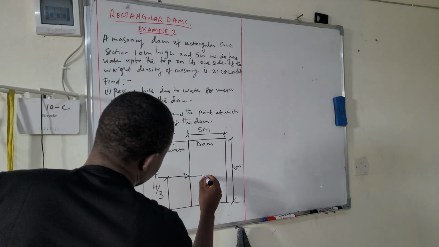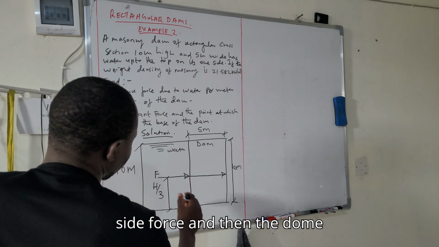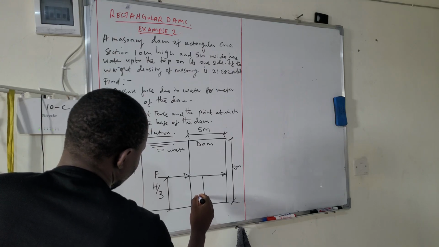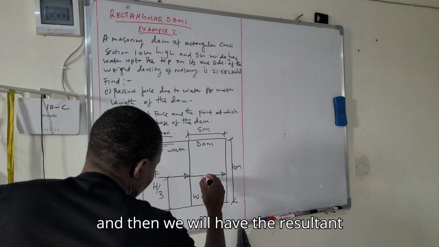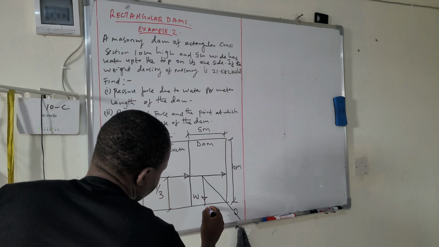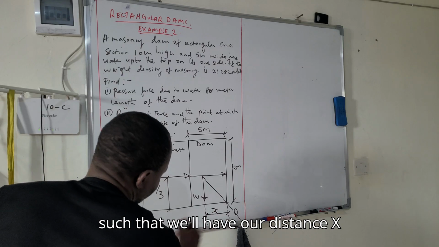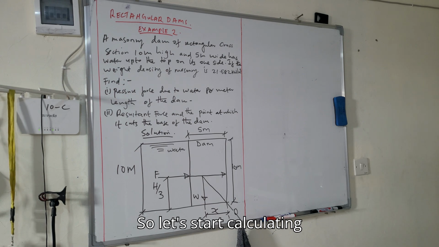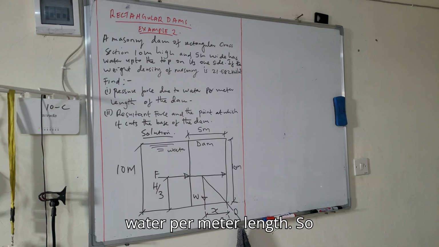So we'll extend this to the other side, force, and then the dam again, it has a force W acting on it, and then we will have the resultant force, which is R. So we'll extend here and also extend here, such that we'll have our distance x, where our resultant force is cutting. So let's start calculating.